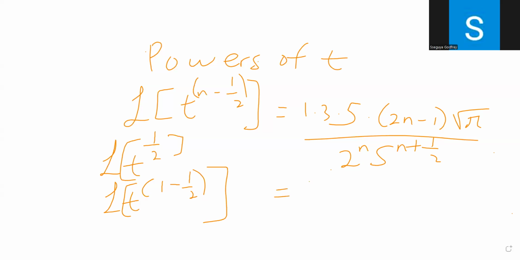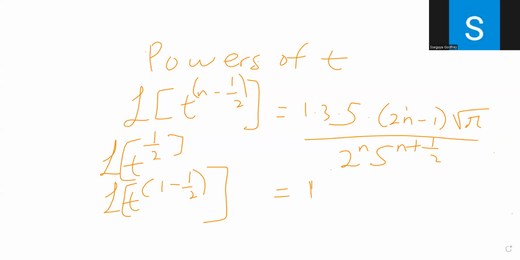So we shall start from 1 up to 2n minus 1, whereby our n is 1. Plug the value of n in: 2 times 1 is 2, minus 1 is 1.